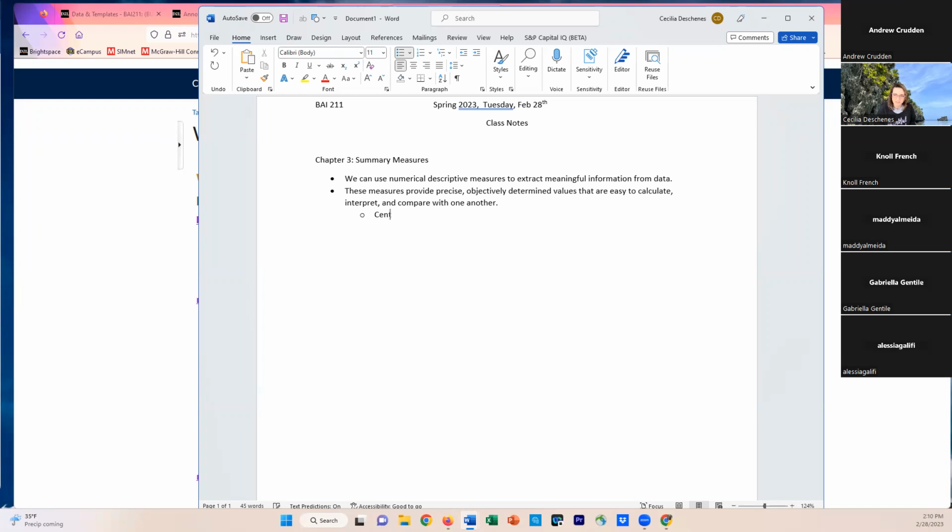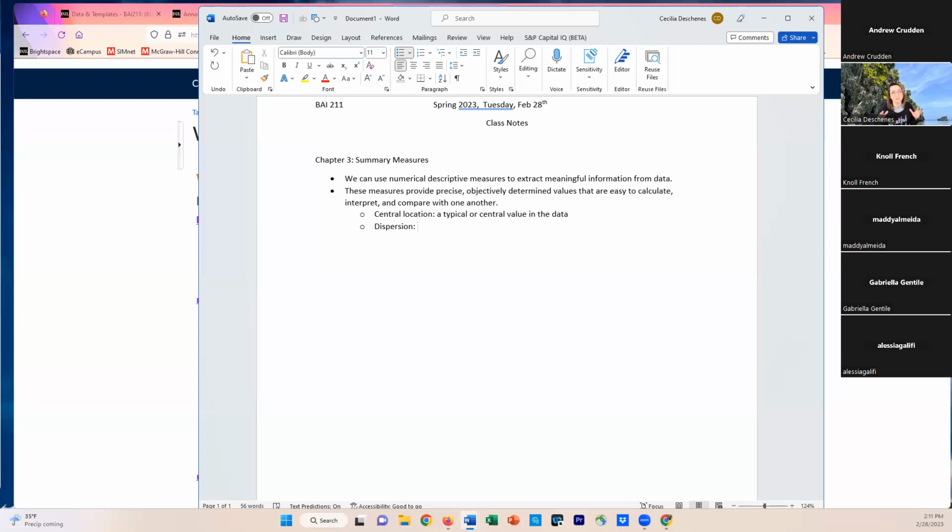The first one is central location. So this is a typical or central value in the data. The next category is dispersion. This is really important. I know that probably up till now in your life, you've cared a lot more about average values. And while they still are important, when it comes to analytics, what ends up really mattering is the dispersion.